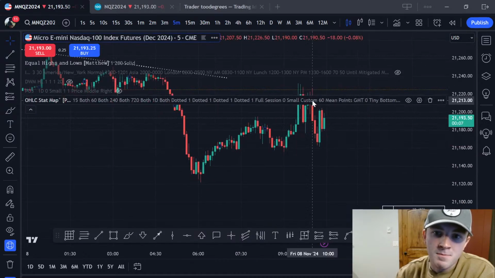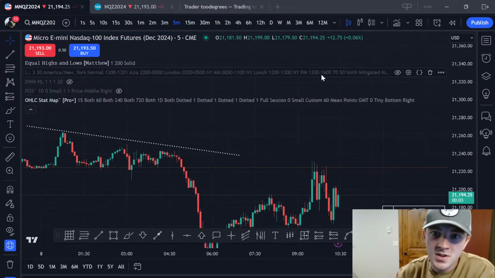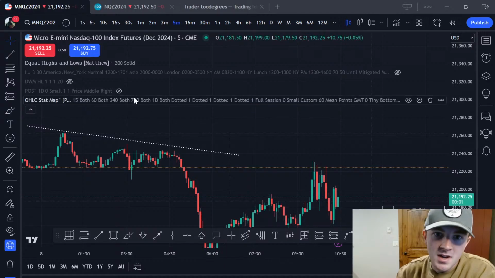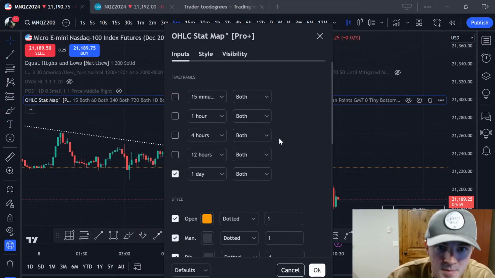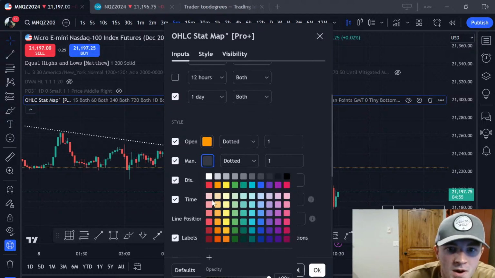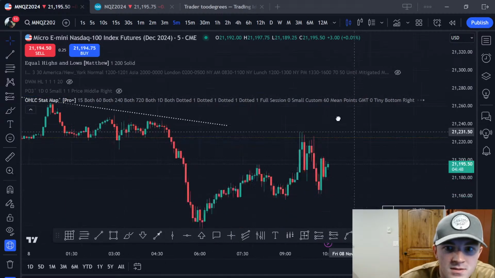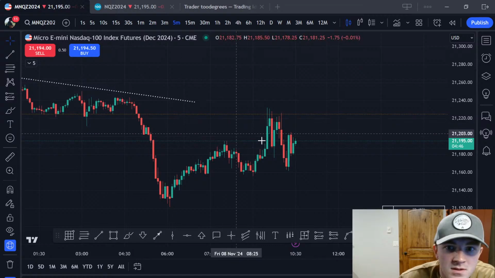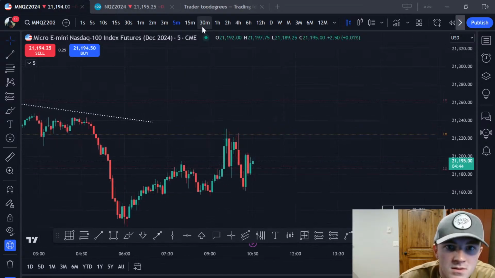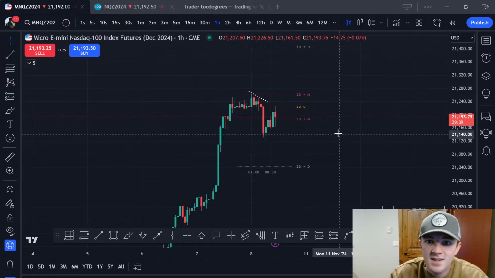On a bearish day, usually the max distribution goes to here. On a bullish day, usually the max distribution goes to here. And so usually those show up, but I don't know why they're not right now. Oh, I know why. I gotta change the color. Got it.